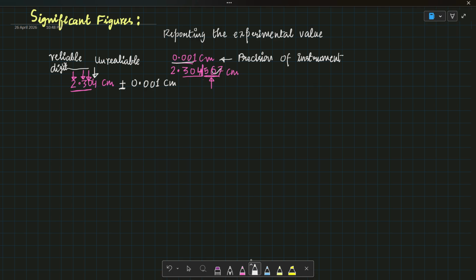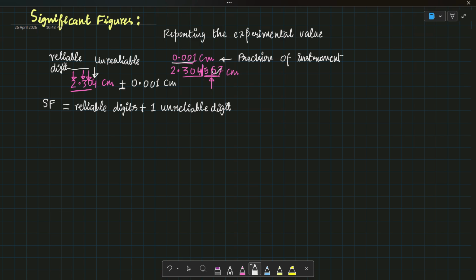So significant figures are the total number of reliable digits, which we are very sure about, plus 1 unreliable digit. Significant figures always represent reliable digits plus 1 unreliable digit.